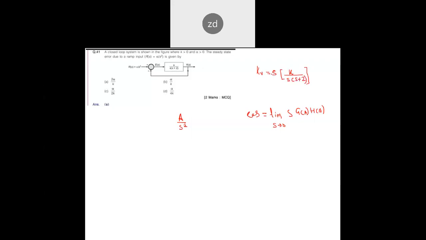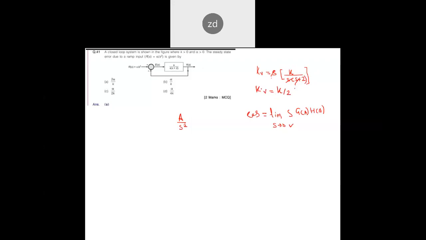So here this s and s will cancel. And if I have to calculate the value of this kv, I have to put limit s tends to 0. So if I put s tends to 0, the value for kv would be equal to k by 2.